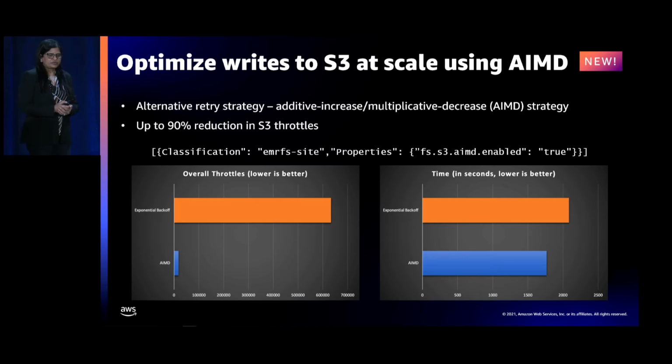So we also introduced something called additive increase multiplicative decrease, AIMD for short. It's a strategy that we have implemented in order to optimize your writes to S3 at scale.